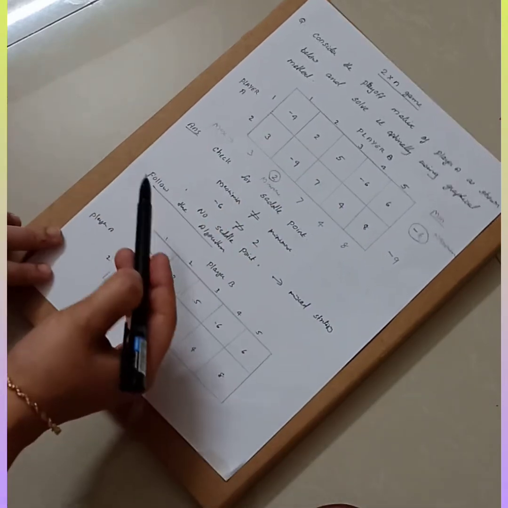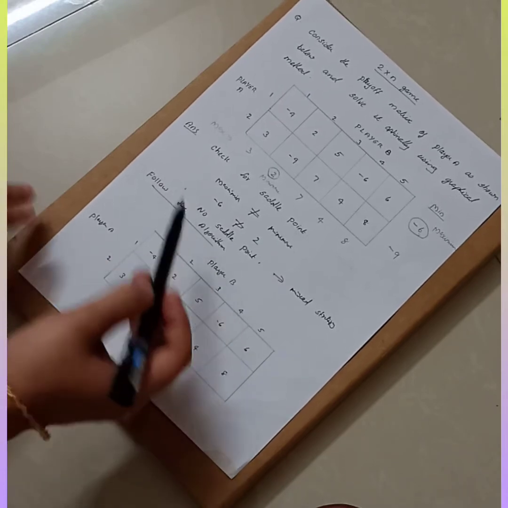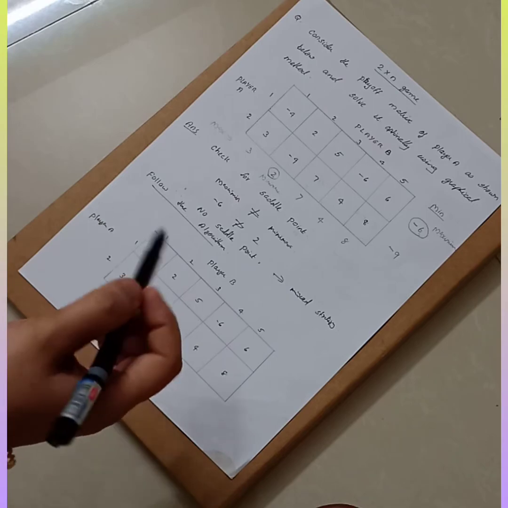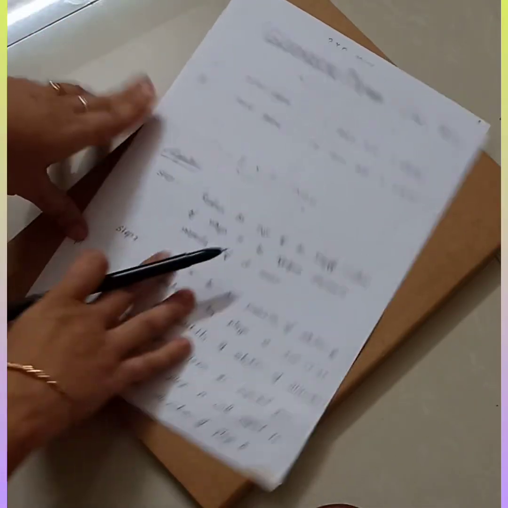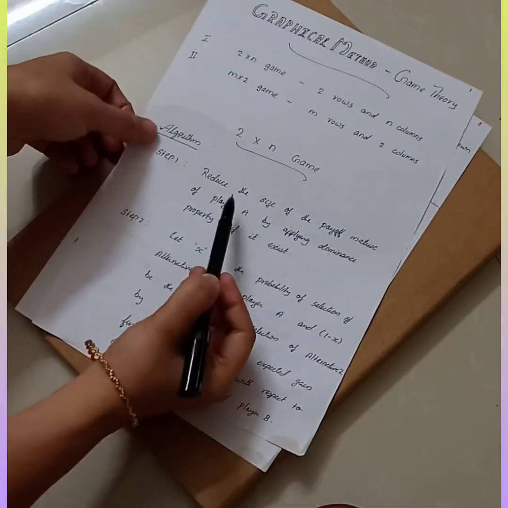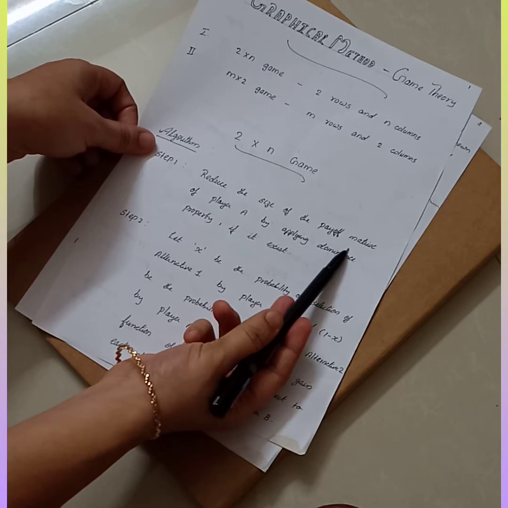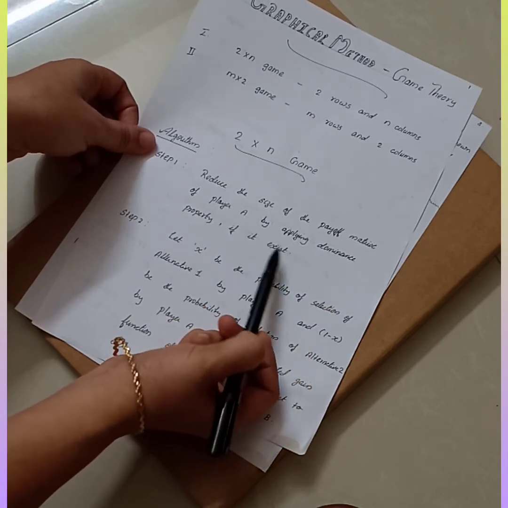Now the second step is to follow the algorithm. I told you there is an algorithm for the 2 by n game. Now look at this algorithm. There are a total of 8 steps in this algorithm, and the first step is to reduce the size of the payoff matrix of player A by applying the dominance property, if it exists.